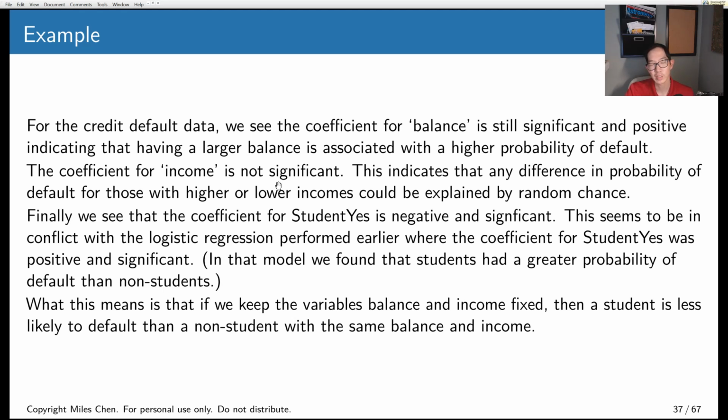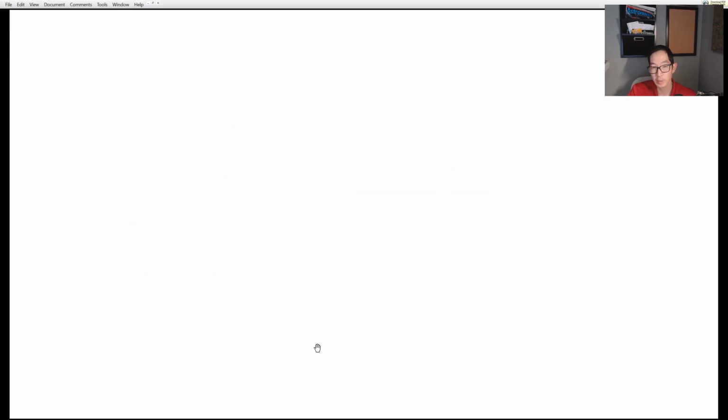And then finally, we see that the coefficient for student yes is negative and significant. And so this seems to be in conflict with the logistic regression performed earlier, where the coefficient of student yes was positive and significant, okay? So what this means is that if we keep the variables balance and income fixed, then a student is less likely to default than a non-student who has the same balance and income.